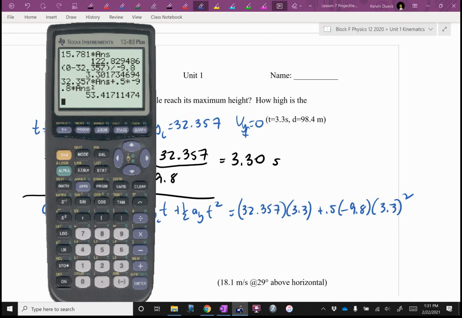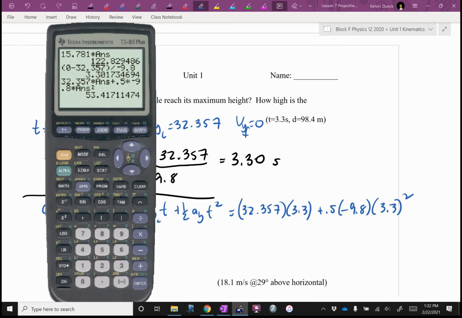Do you get 53.4? Why must that be wrong? Look in brackets. What did I say the answer was? How the heck did I get a 98.4? What? This is all we've found is how high above where we started from. Did we start on the ground?